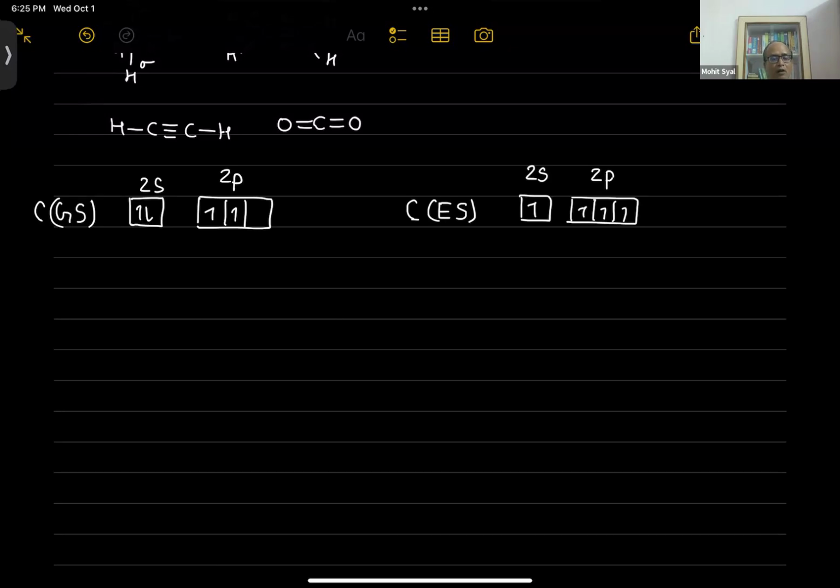You need to count the number of single bonds. A double bond has one sigma and one pi. You need to count only sigma bonds. The rest of the bonds formed in addition to a single bond are pi bonds, so there are two pi bonds and one sigma bond. For hybridization, you count only sigma bonds and lone pairs if present.